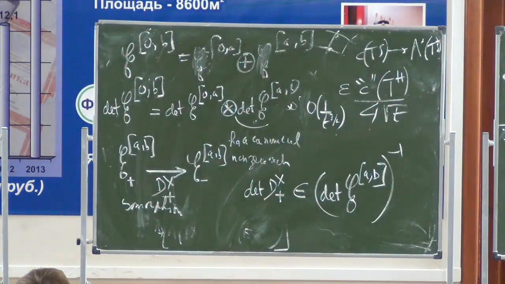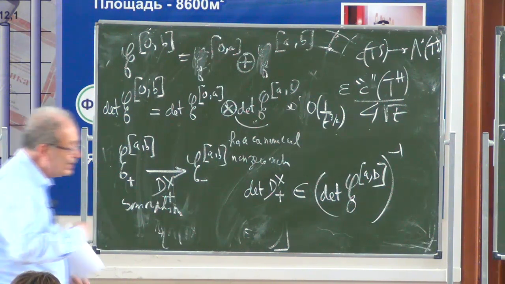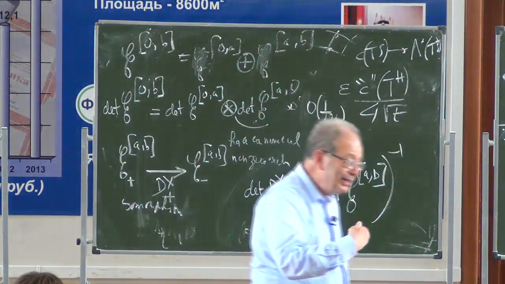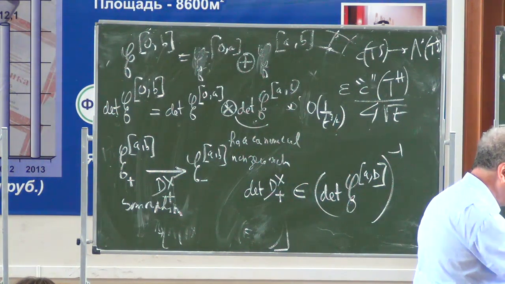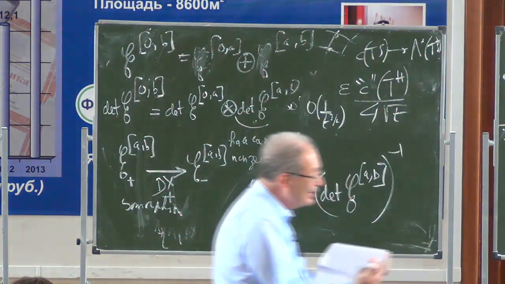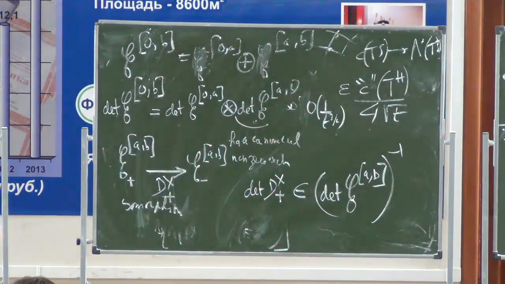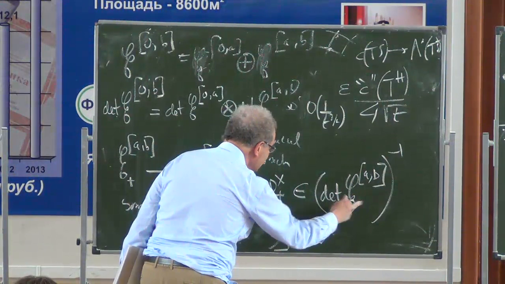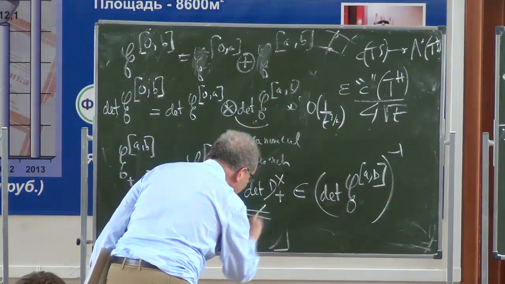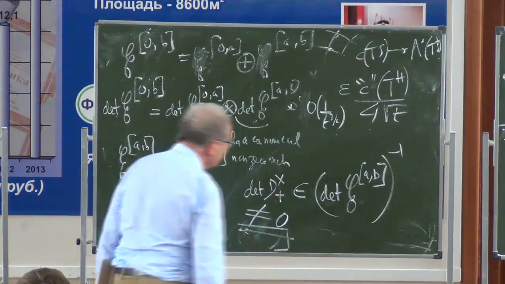In general, the determinant of a linear map is a number when it is an endomorphism. But when it is a map from a vector space into another one, and these two vector spaces are not canonically identified, then the determinant of dx plus is a section of this. And since dx plus is invertible, this is a non-zero section.